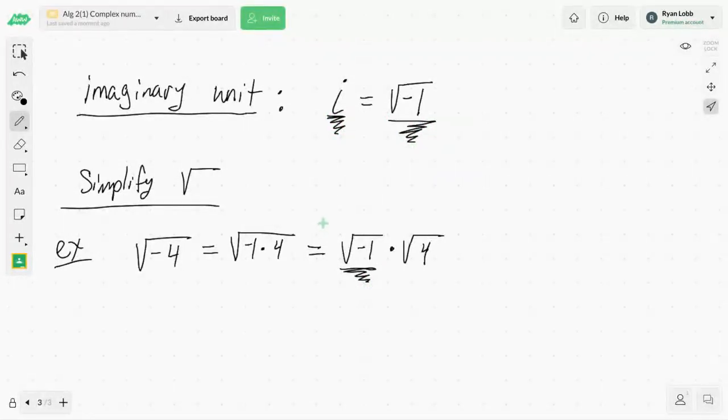Then times the square root of 4, which is 2, and it's conventional to put the 2 in front. Don't write i2, write 2i. So what does the square root of negative 4 simplify to be? 2i. Done. Let's go on to another one here.